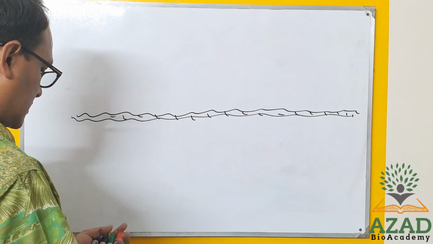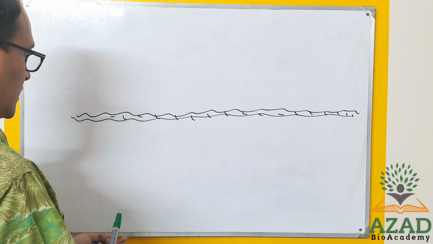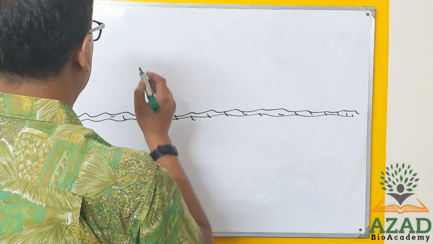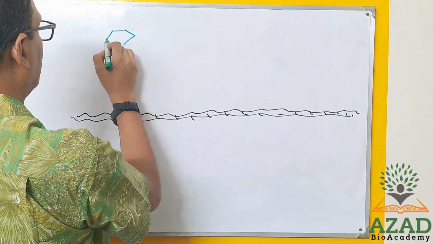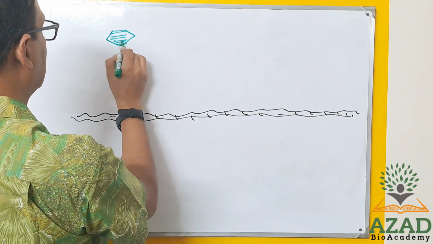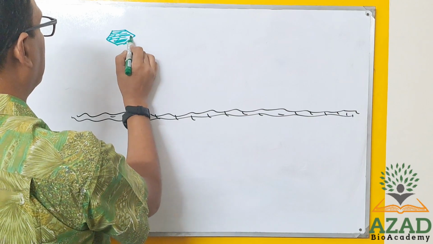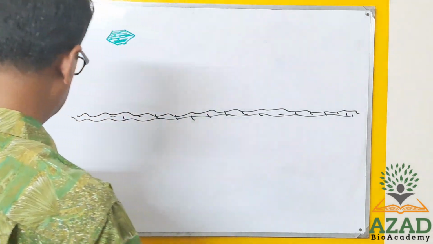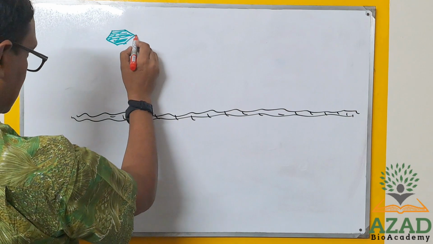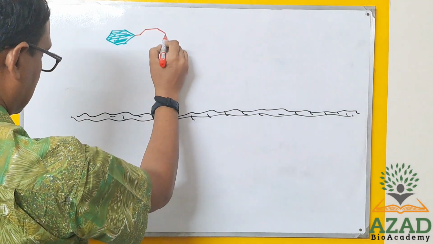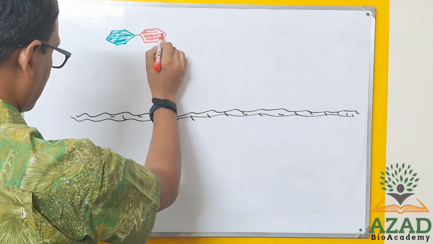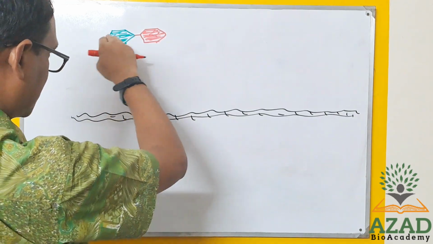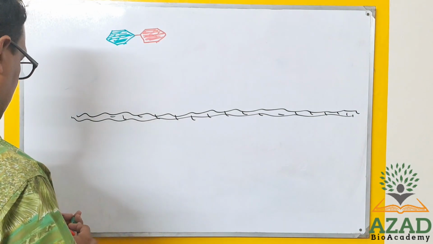So you can think you already have a sugar, N-acetyl muramic acid, which is attached with N-acetyl glucosamine, the basic sugar chain.